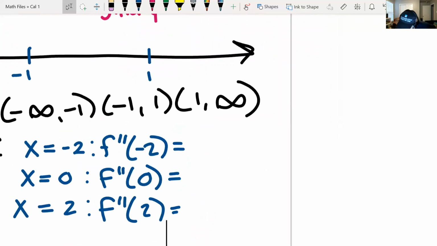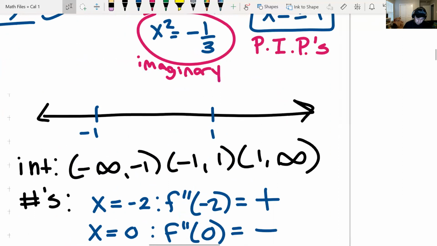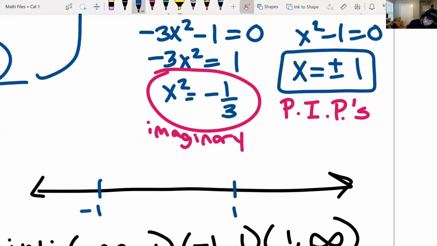All right. -2 gives me positive. 0 gives me negative. And 2 gives me positive. So plus minus plus for the second derivative. Look at the sign chart. Plus means concave up.